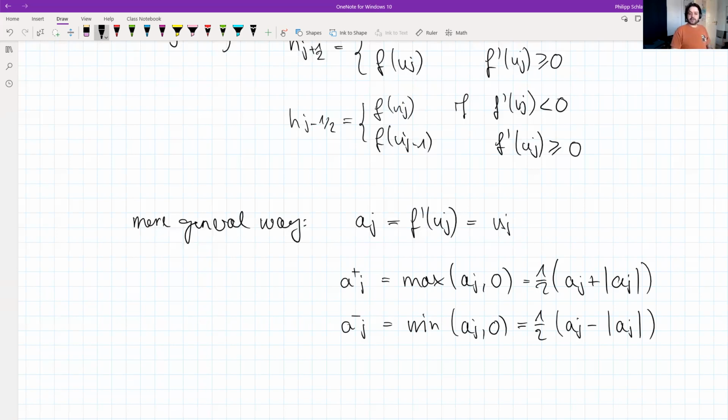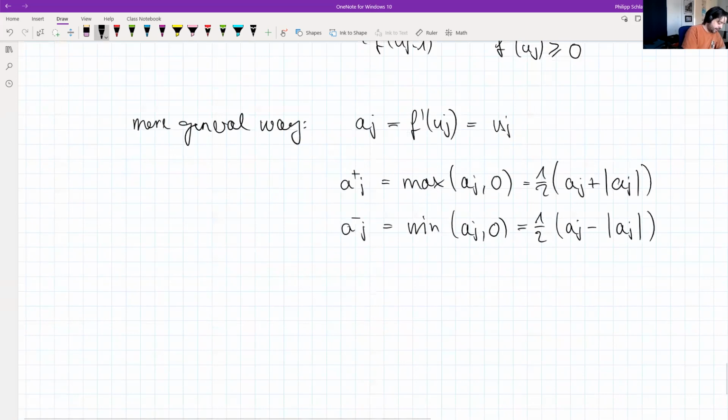With this, I can define the two different fluxes. I can define a flux F plus at j, which is just Aj plus times Uj. And I can define a negative flux, which is F minus j, being Aj minus times Uj.